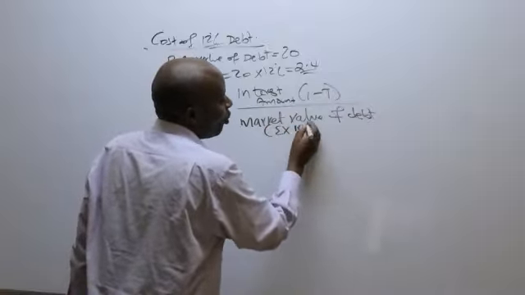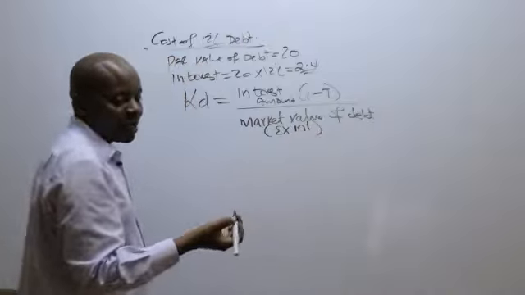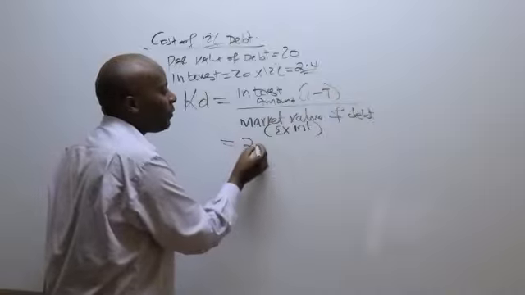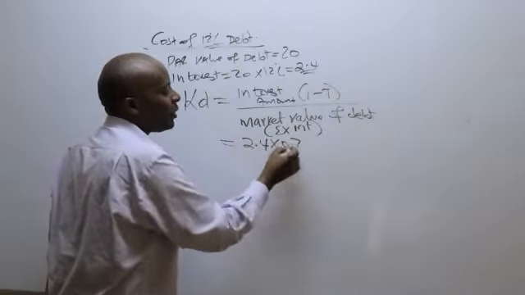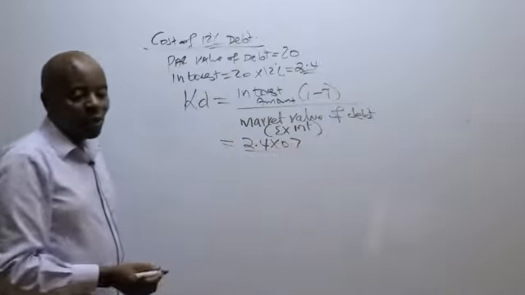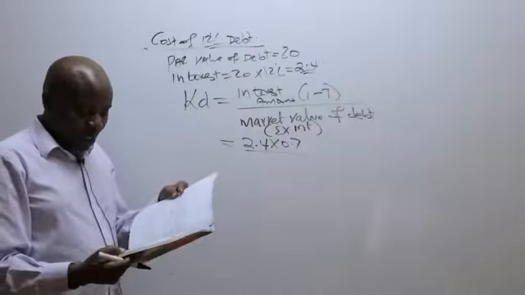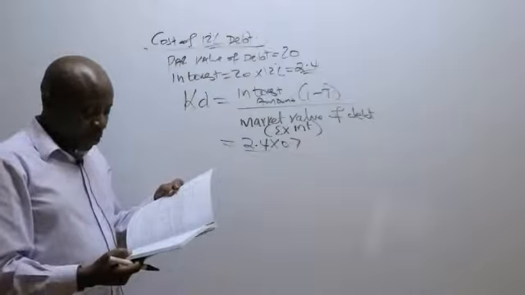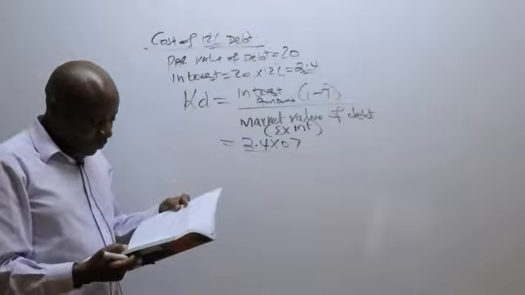In this case, we talk of ex-interest. So the interest amount that you have given me is 2.4 times 0.7, all over the market value of debt.